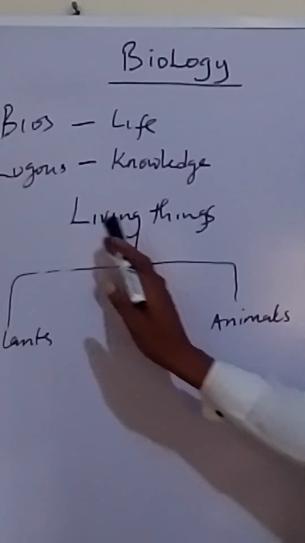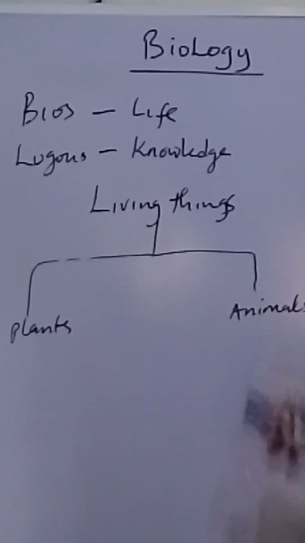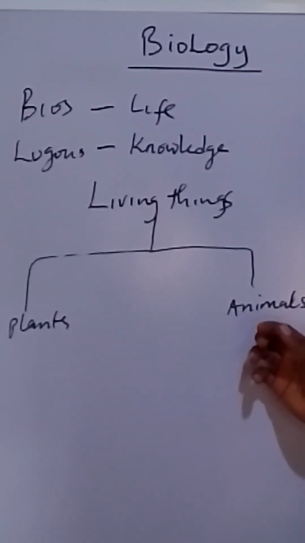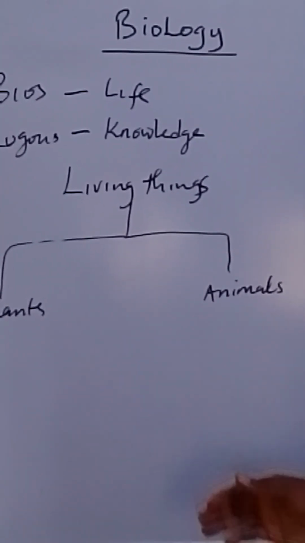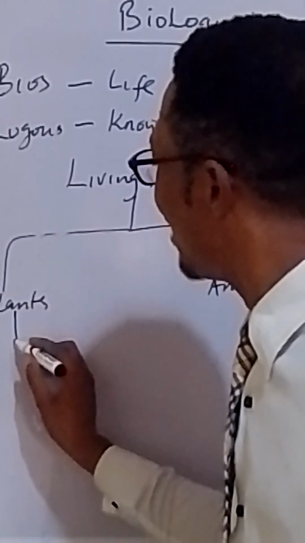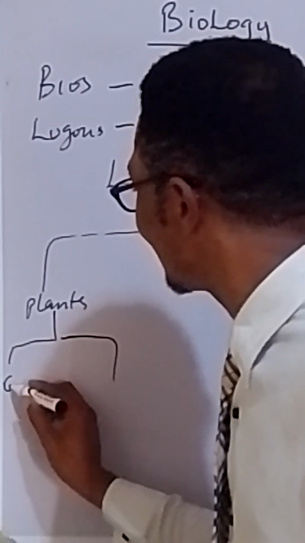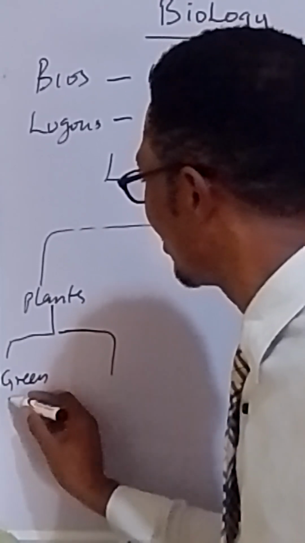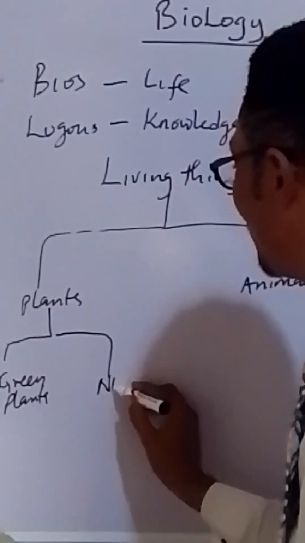So for biology, we said living things are classified into two, plants and animals. Now, human beings belong to the category of animals. Under plants, we can classify plants as green plants and non-green plants.